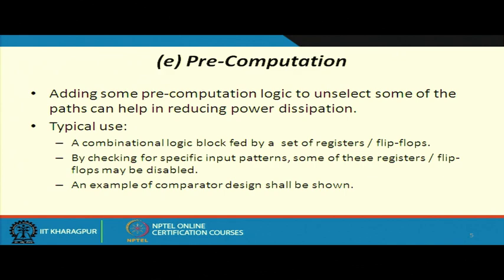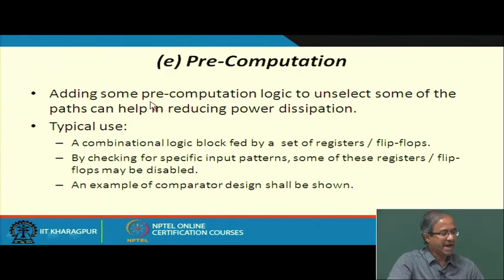So, let us see. Here we add some pre-computation logic to disable or unselect some of the paths, which can help in reducing power dissipation. A typical use, we shall be taking the example of a comparator. Typical use goes like this. I have a combinational block whose inputs are coming from a register, say.